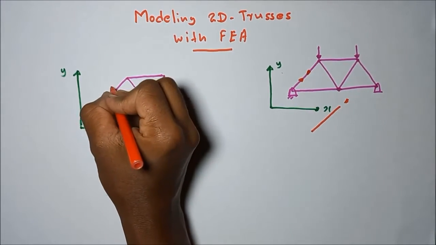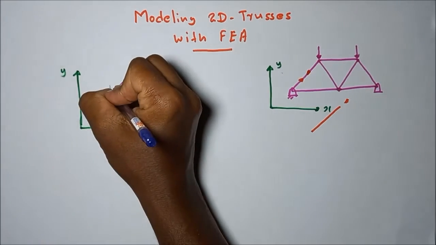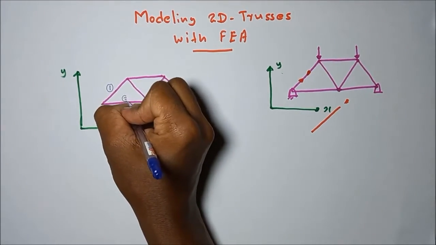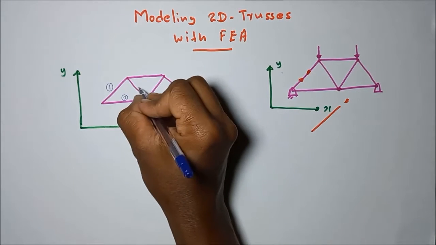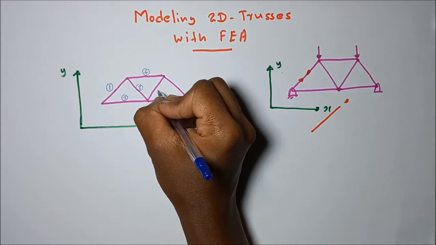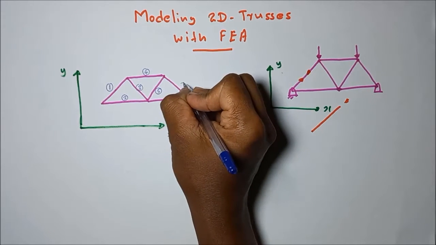Let's label these elements as element 1, element 2, element 3, element 4, element 5, element 6, element 7.